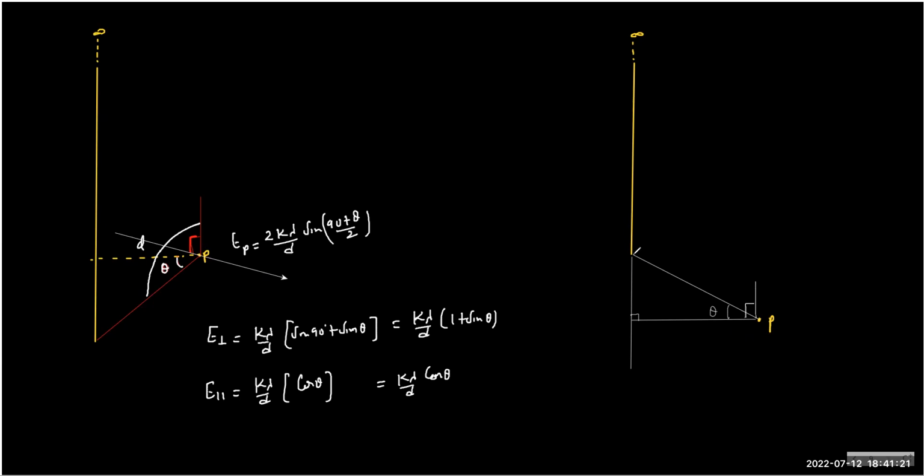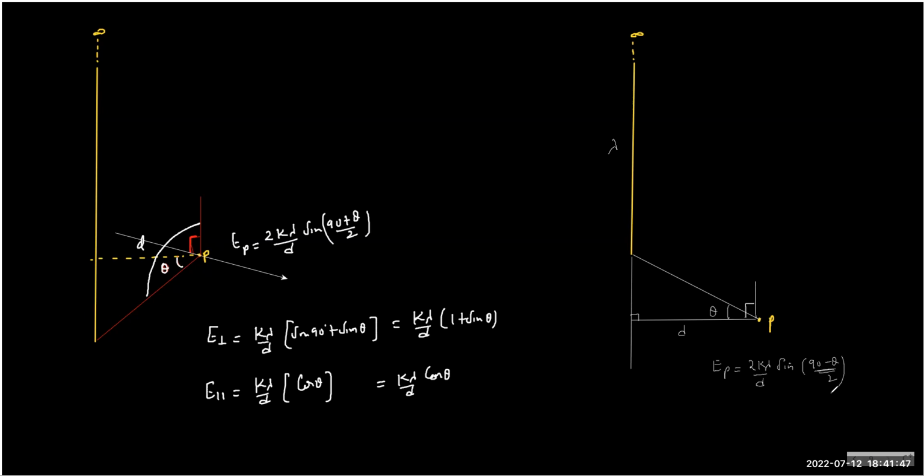So what is the angle subtended here? Can you guess? 90 minus theta. Right. So the net field we can add directly: 2k lambda by d, again sine of (90 minus theta) by 2.